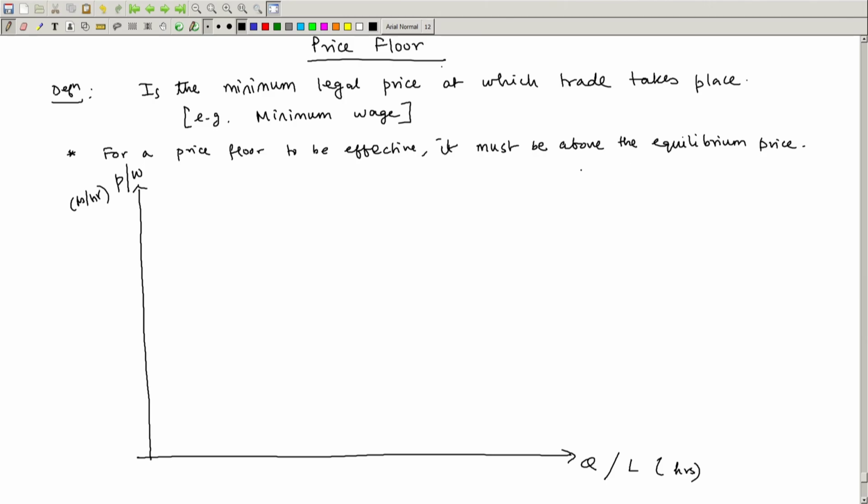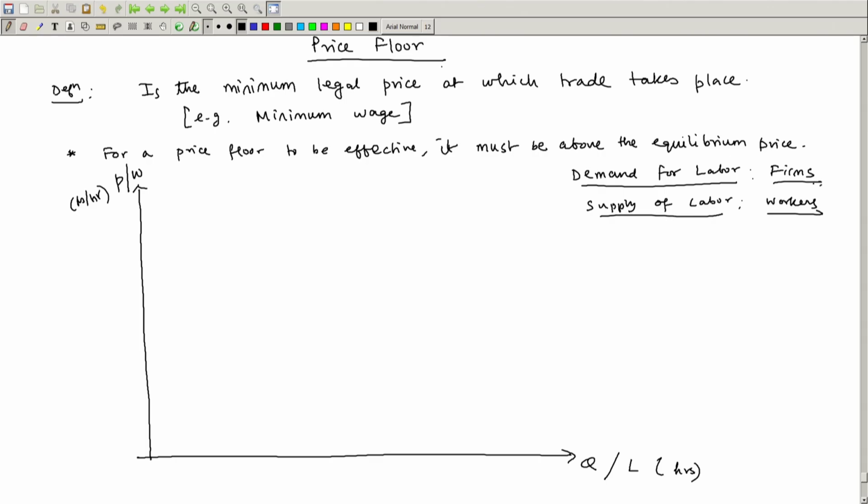So, think of demand for labor. This is going to come from the firms, which are the ones demanding labor, and then you are going to have the supply of labor, which is going to come from the workers.